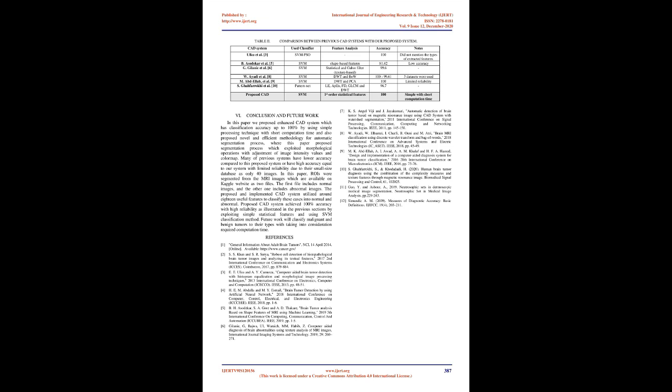Table 1 shows the results of SVM polynomial, KNN with k equals 1, and KNN with k equals 2 classifiers. Table 2 compares previous CAD systems with the proposed one. Fig. 4: A, ROC for classification by SVM polynomial; B, ROC for classification by KNN, k equals 1; C, ROC for classification by KNN, k equals 2.